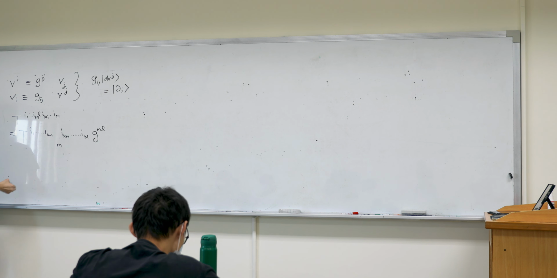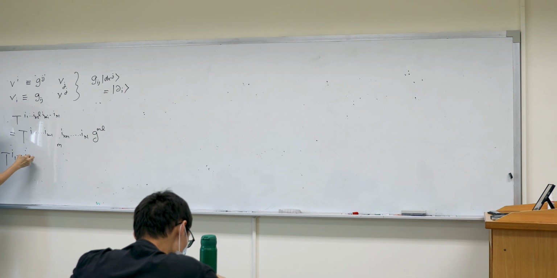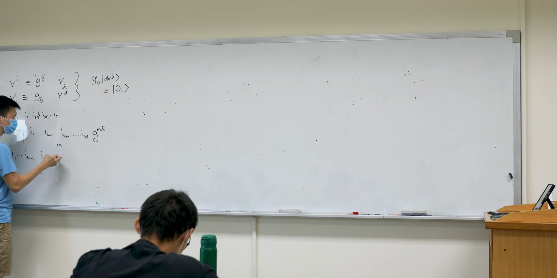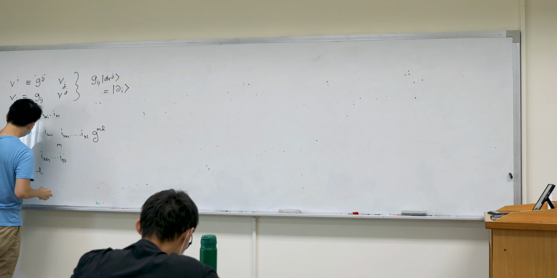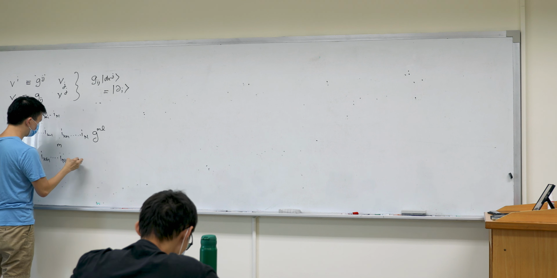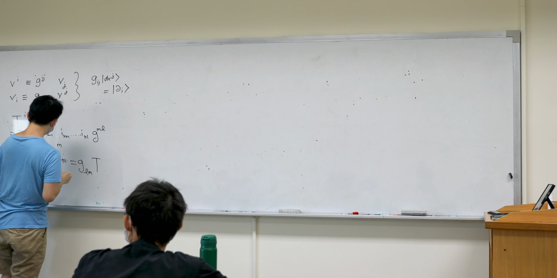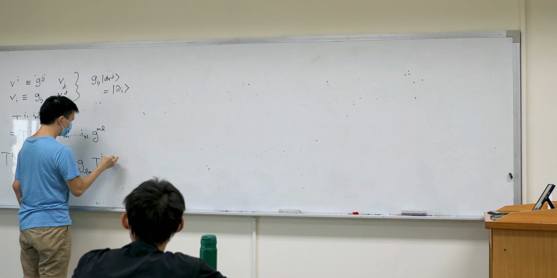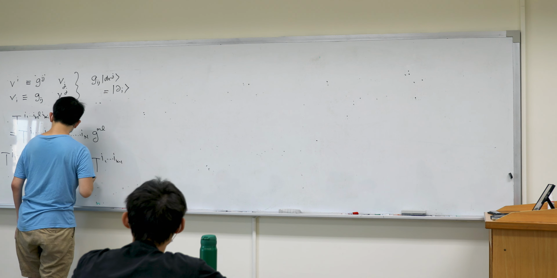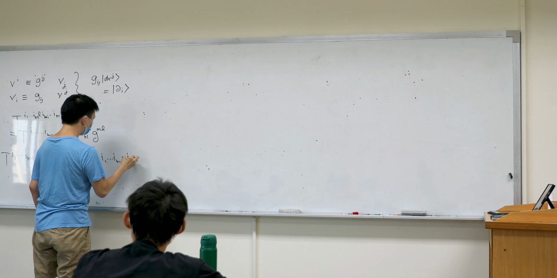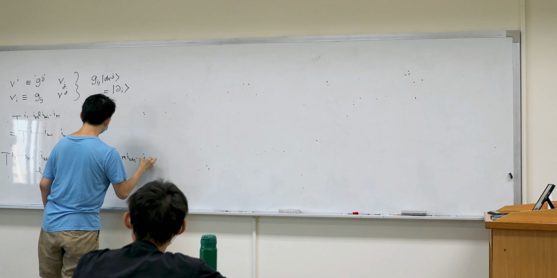And likewise, if I want to go from up to down, then let me do it here. This is in fact G L M T with i1 to ik minus 1, M, ik plus 1 over in.